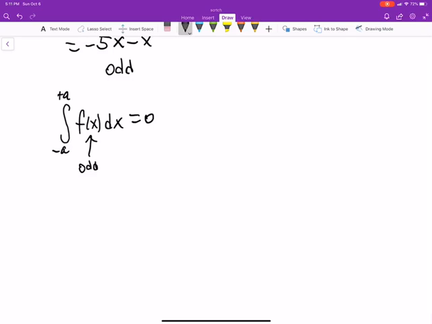Think about that. What does the integral tell us? It tells us the area under a curve. And if you remember the symmetry with an odd function, the areas just cancel out. Our negative area will cancel with the positive area, assuming these limits are where they need to be, and then you're left with an area of 0. And that's going to save you a lot of time with certain integrals.